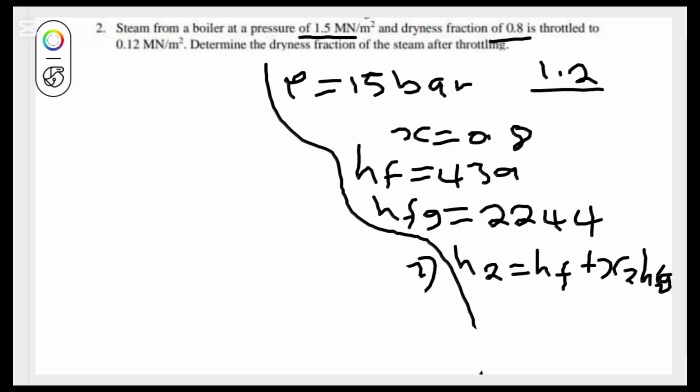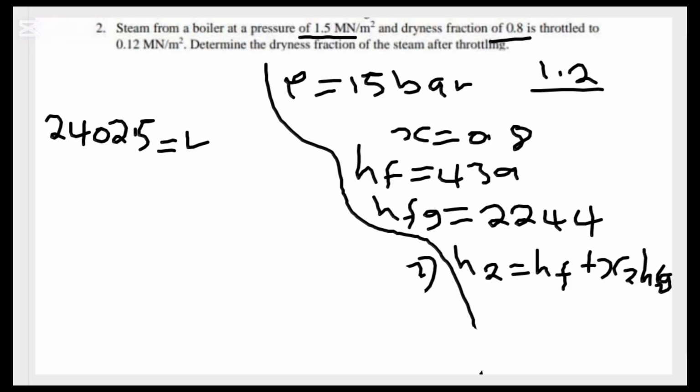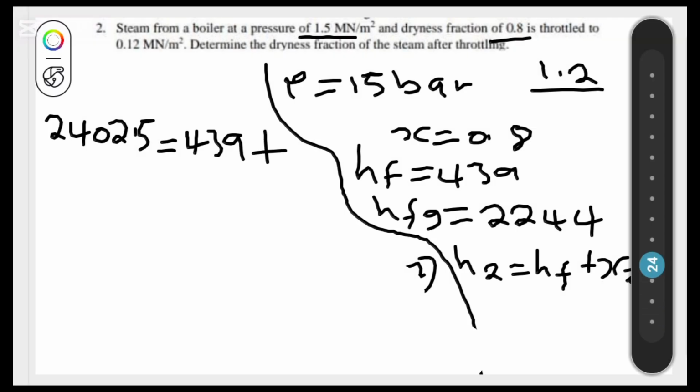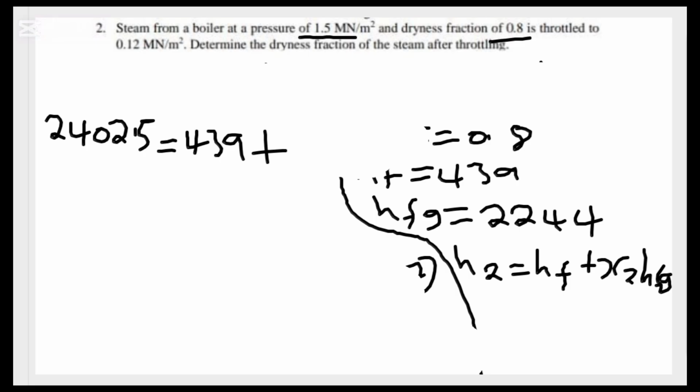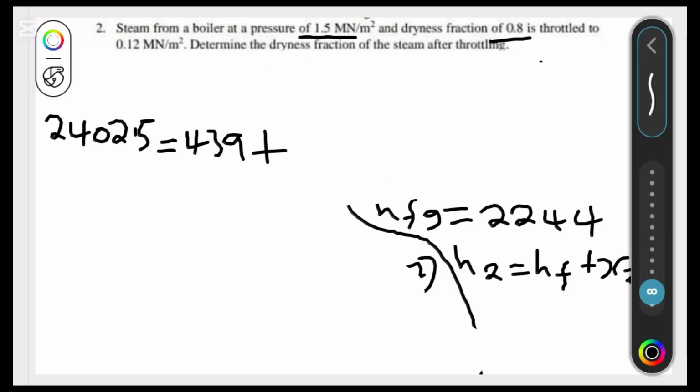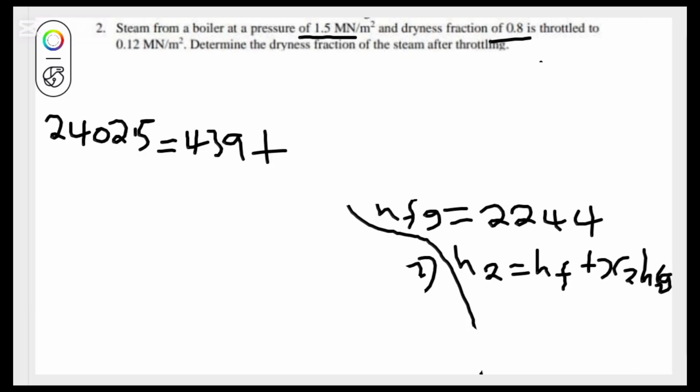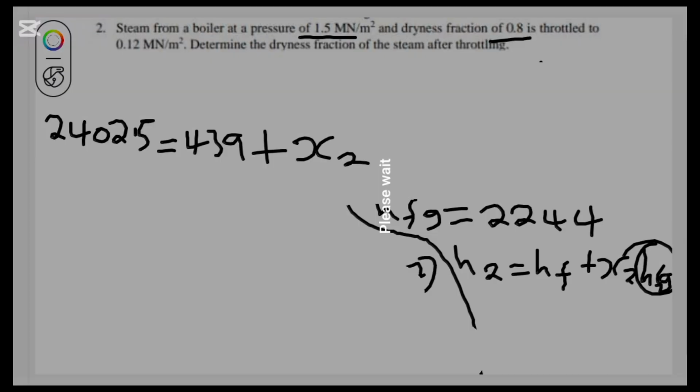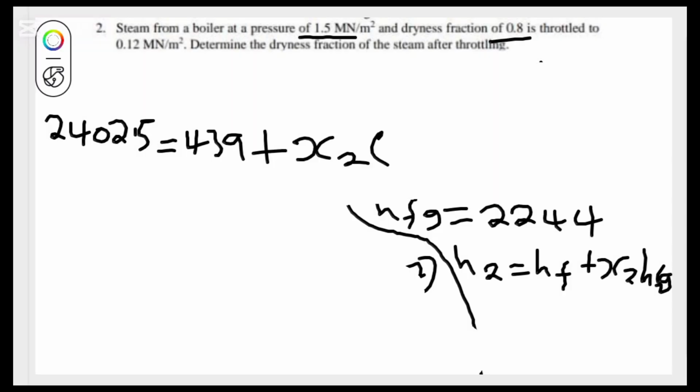Sorry, I deleted it, but it is 2402.5, equal to 439, which is the hf, plus x2, because I'm looking for x2, multiplied by hfg, which is the change hg minus hf.